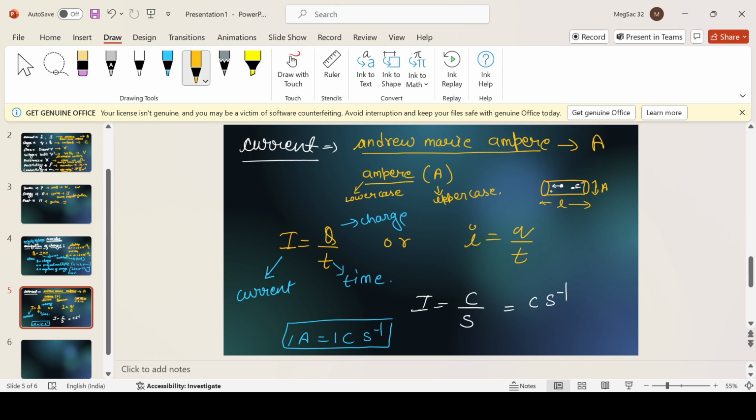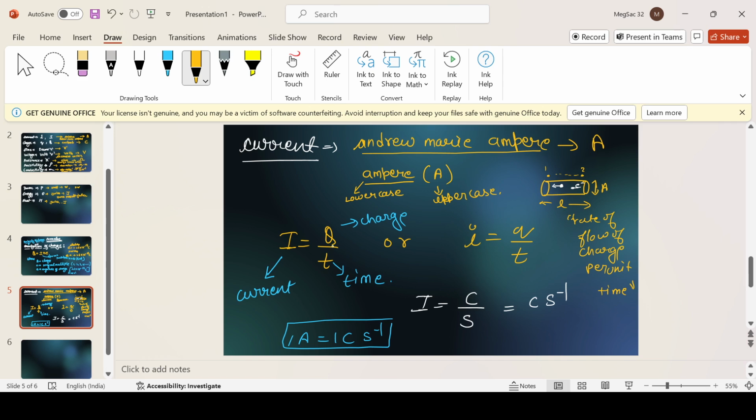So this charge is moving. At the start the charge is at this position, then afterwards it will be positioned at this. So it is said to be the rate of flow of charge per unit time. What is this rate of flow of charge?